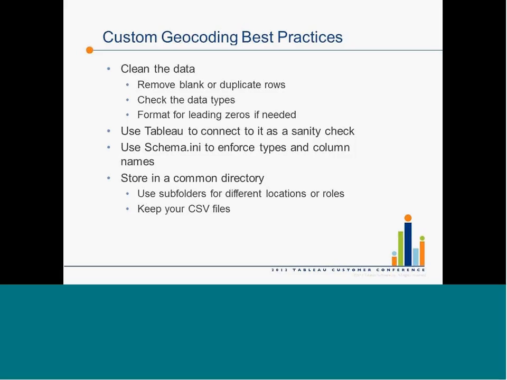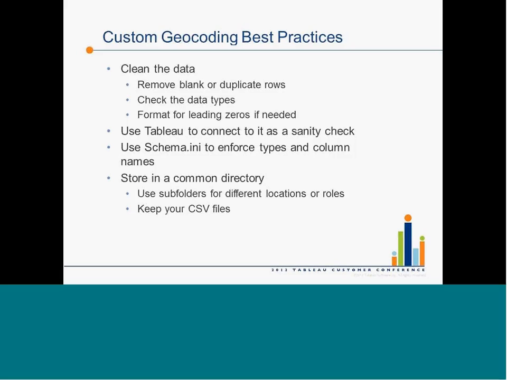If you've been using Tableau for a while, you've probably just used it as an investigative tool to look at your data and to see where there might be holes in it, where you might have nulls or other types of invalid data. And then, again, getting back to that schema.ini file to make sure that the data types are enforced.